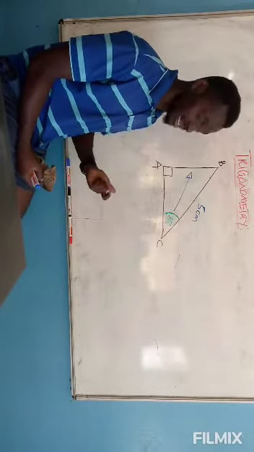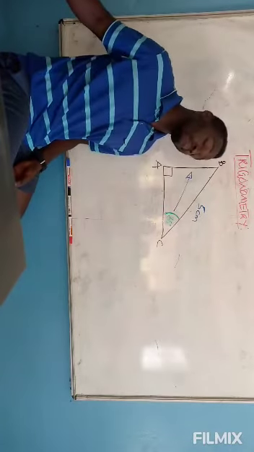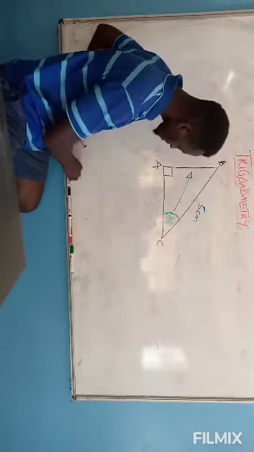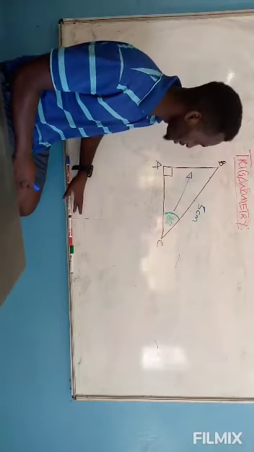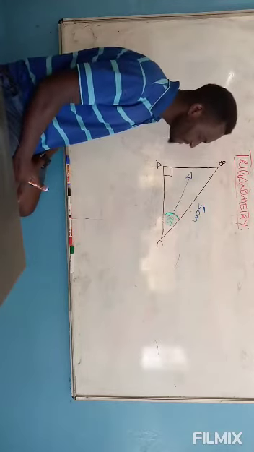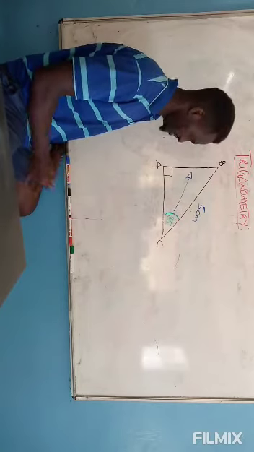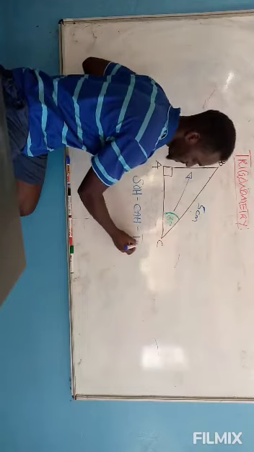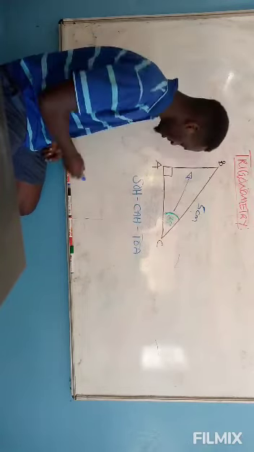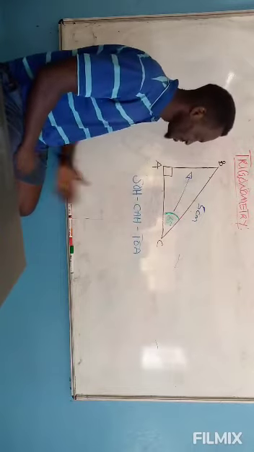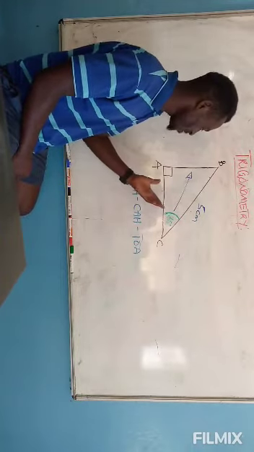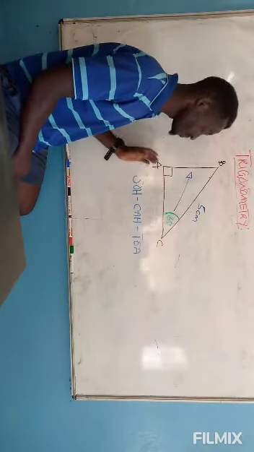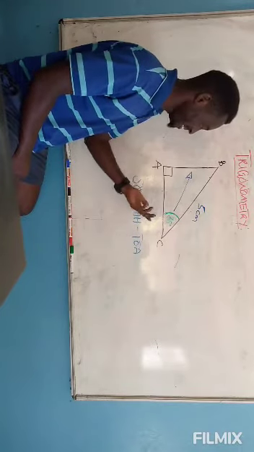We said earlier on that there are 3 main trigonometrical ratios. Now, if we know the trigonometrical ratios and we use the terminology SOH-CAH-TOA, how do we apply this concept so that we can calculate the 2 sides which we've not been given, side AC and side AB?